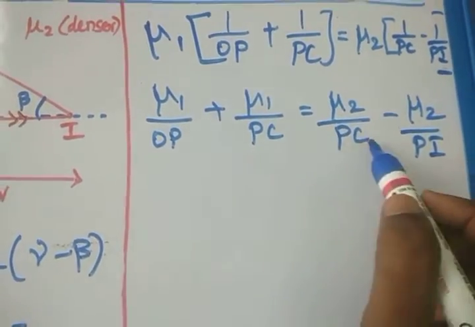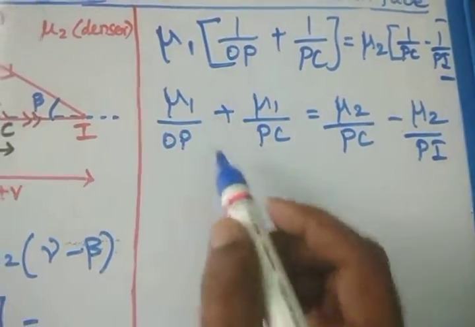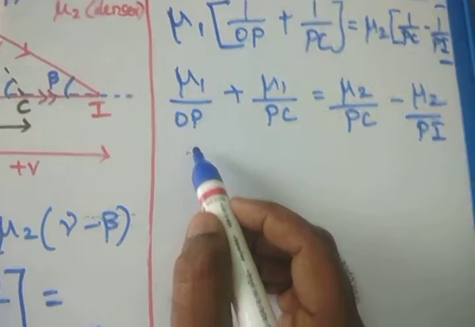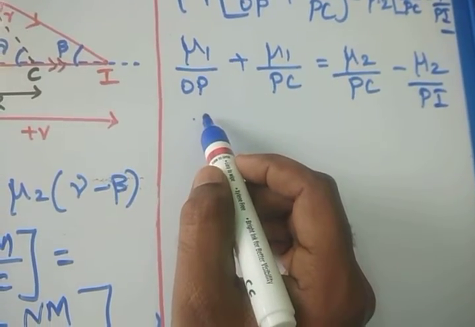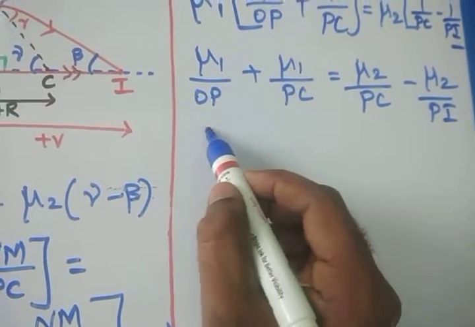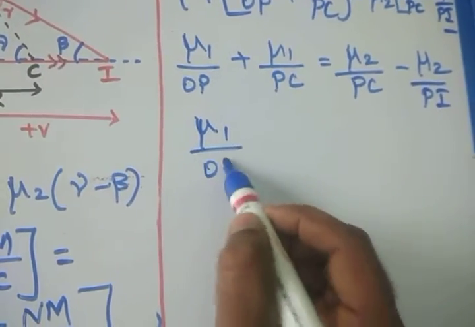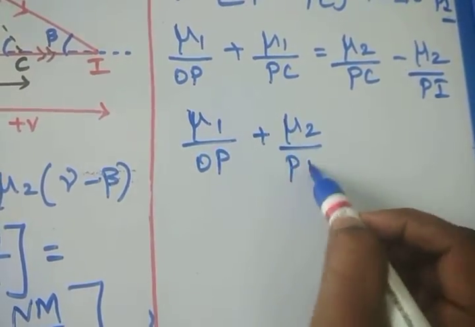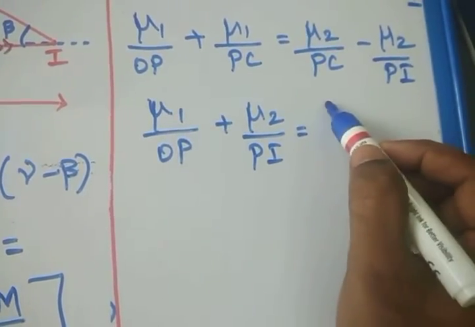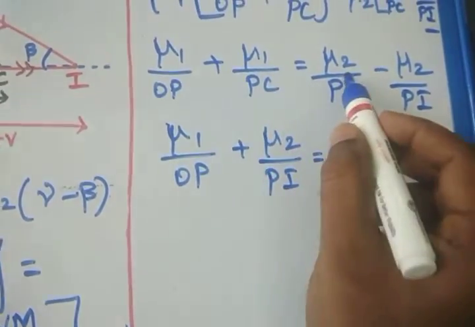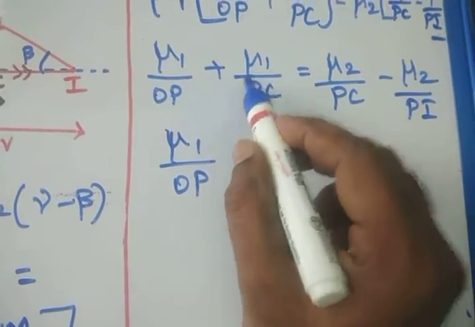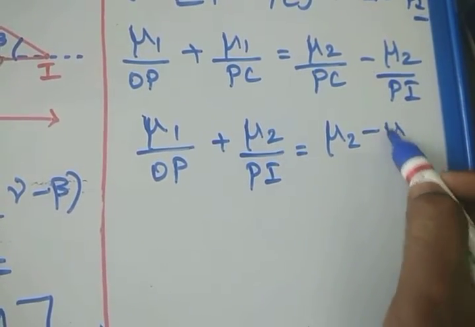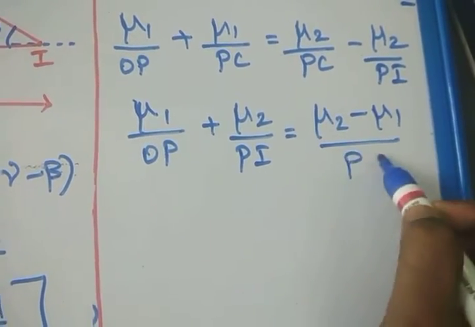Here PC and PC are same. So you bring this one this side. We get mu1 by OP plus mu2 by Pi is equal to mu2 taken outside, this mu2 by PC, and mu1 comes this side as minus mu1 by PC.